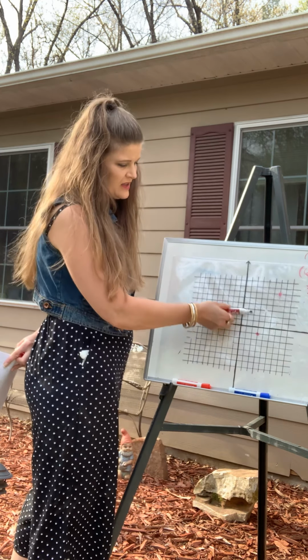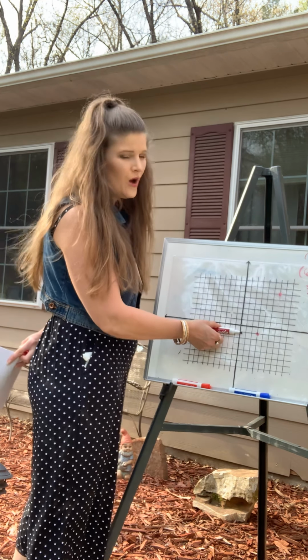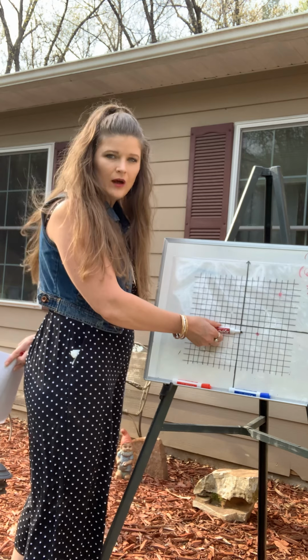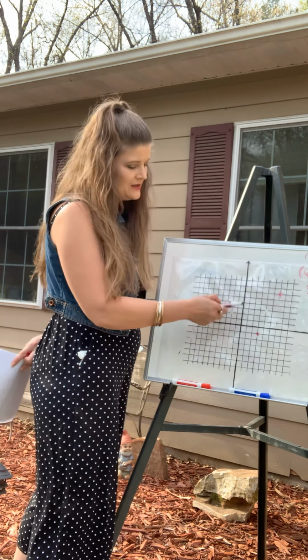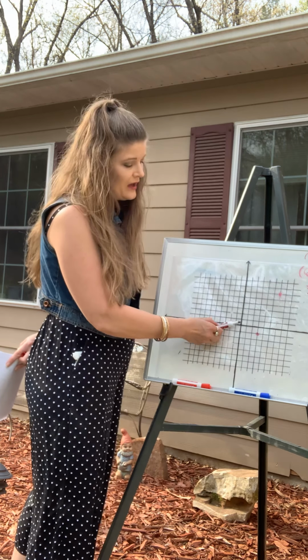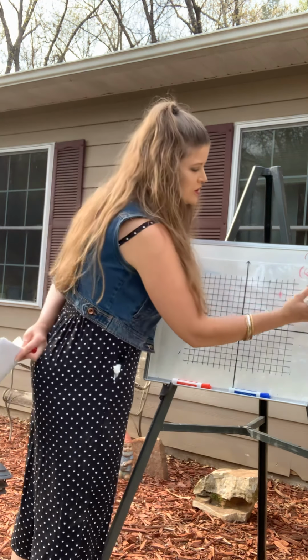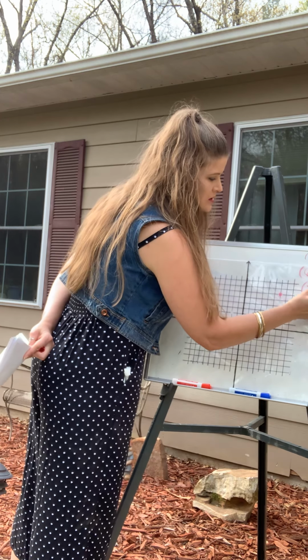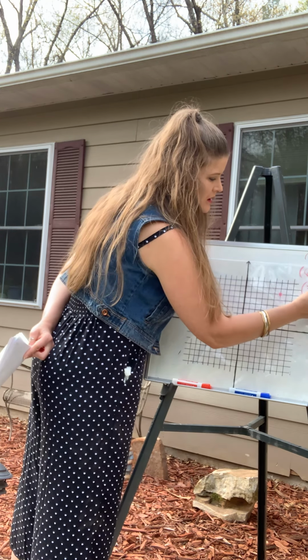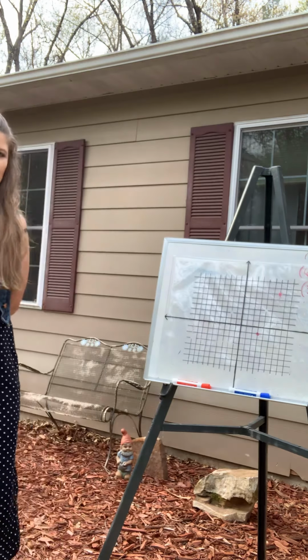How many positions up or down from the origin? 1 down. So what's down mean? Well, we talked about the number line. This would be 0. Up is positive. Down is negative. I am down 1 position, which is going to give me a -1. So 3, -1 is the position of that point.